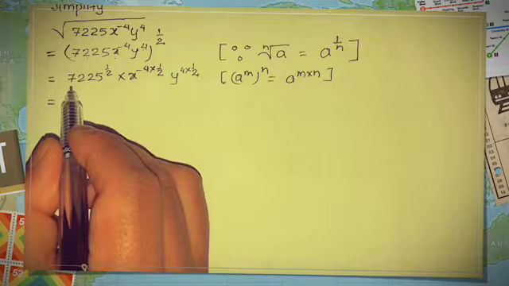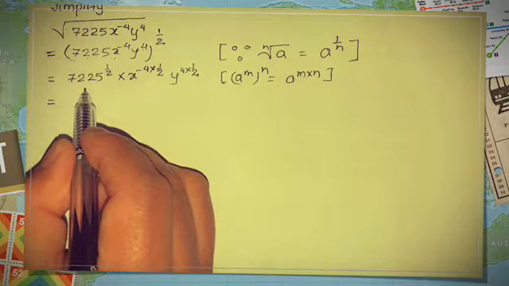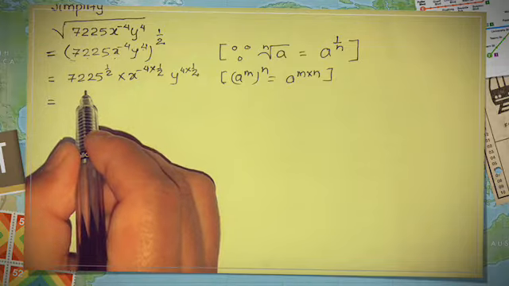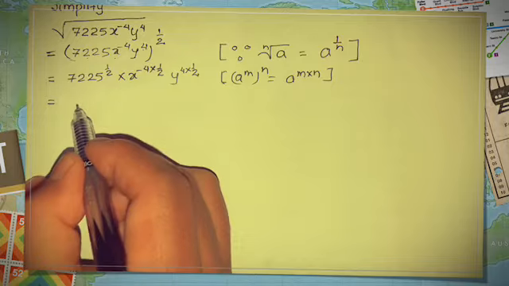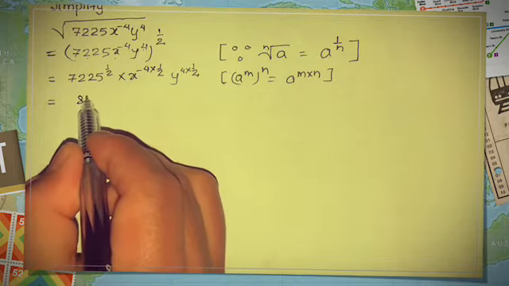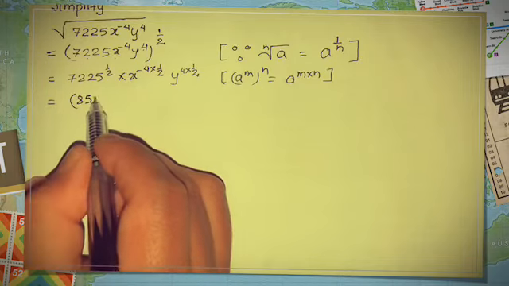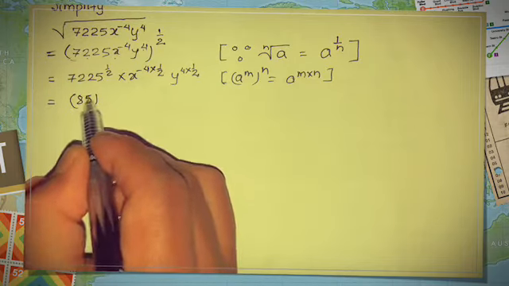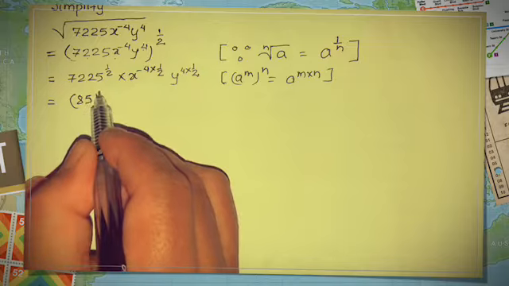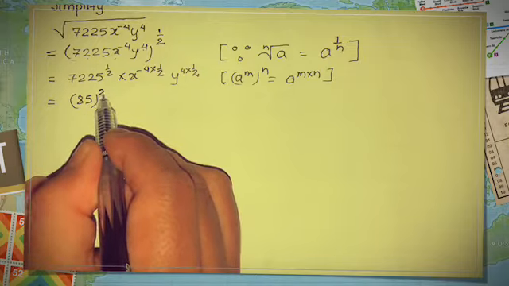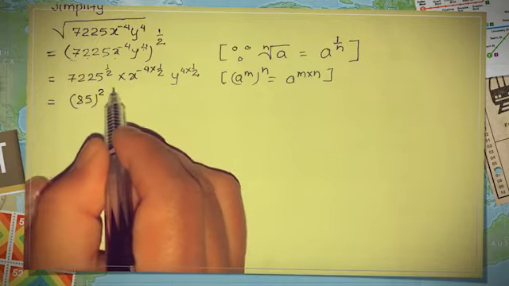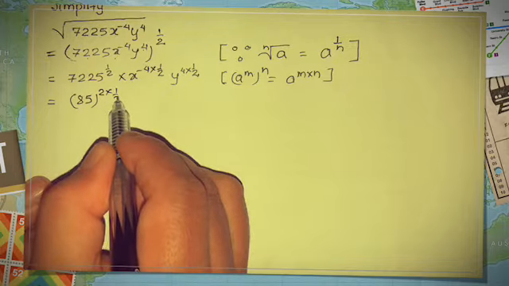Now 7225, this is the power of 85. Okay, you can use calculators to get this one. So this is 85 and 1 by 2 we already have.